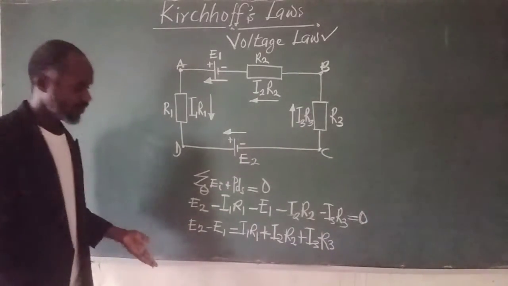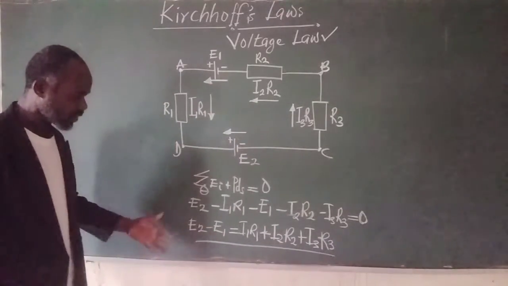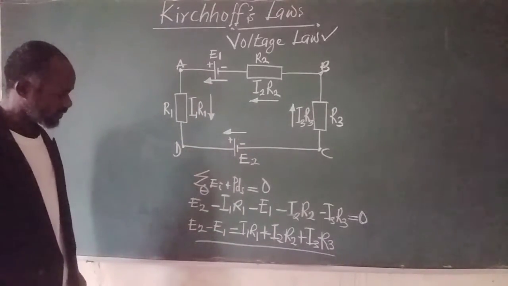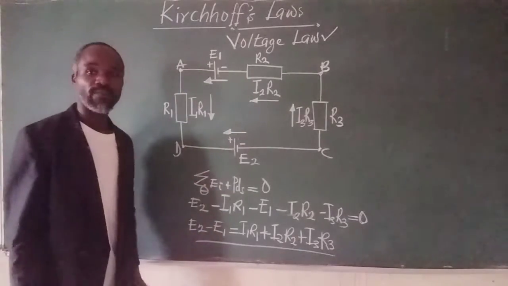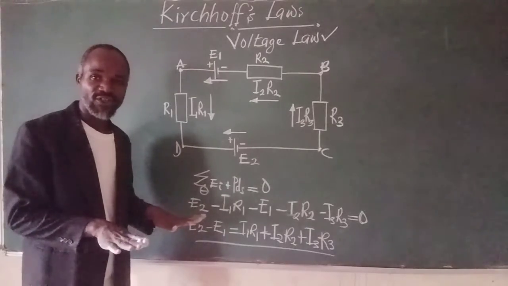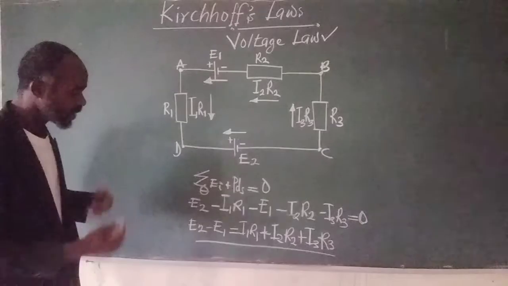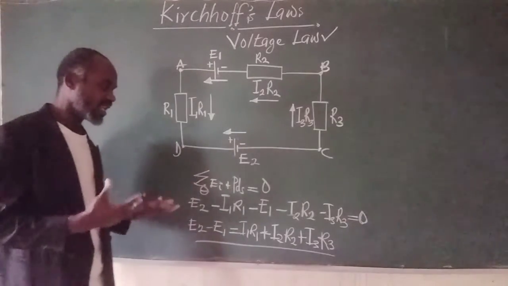That's all. We have started this in a very nice way. That's what Kirchhoff's voltage law means. So with this, we have a basic understanding of what Kirchhoff's voltage law is all about. With this, we can solve some problems and analyze certain things.